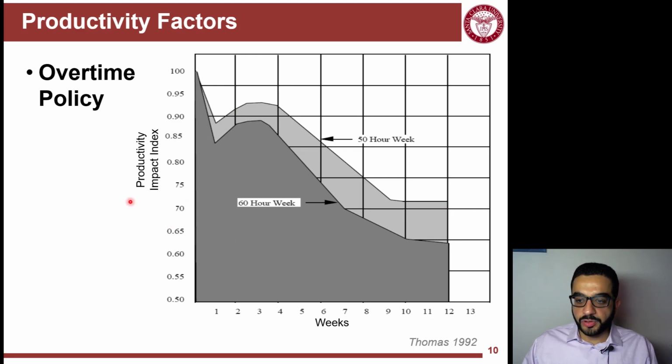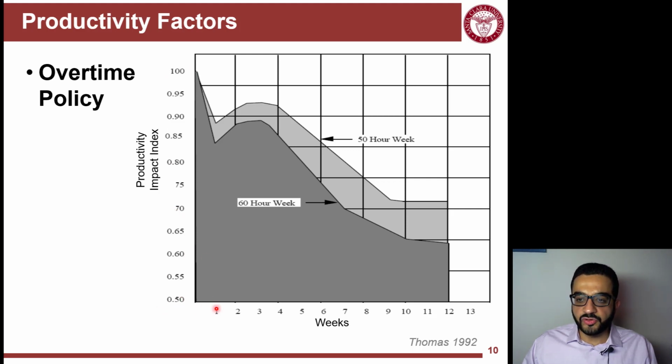This graph here is showing how long you implement this overtime policy, how many weeks, and then the impact on productivity here. Again, most of these productivity impact studies relate to the ideal productivity. So 100% ideal productivity and 50% ideal productivity.